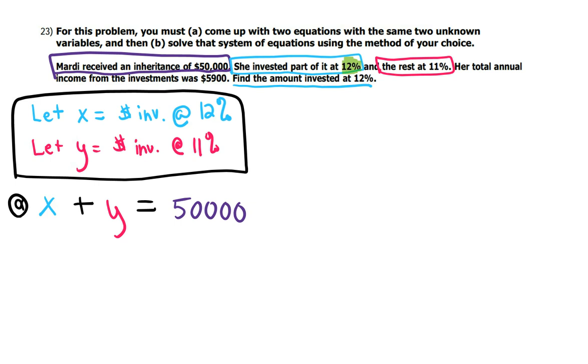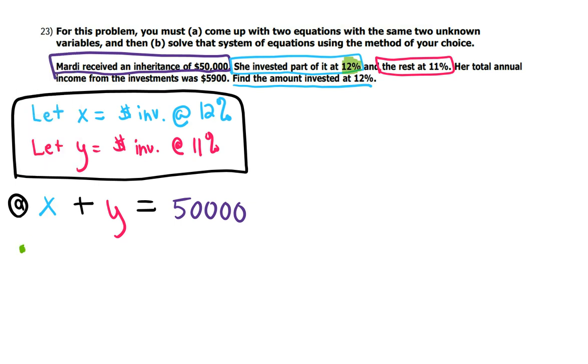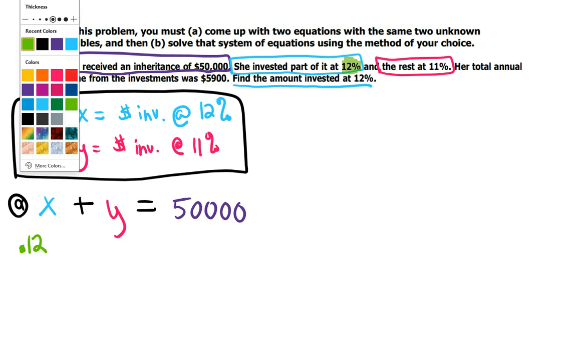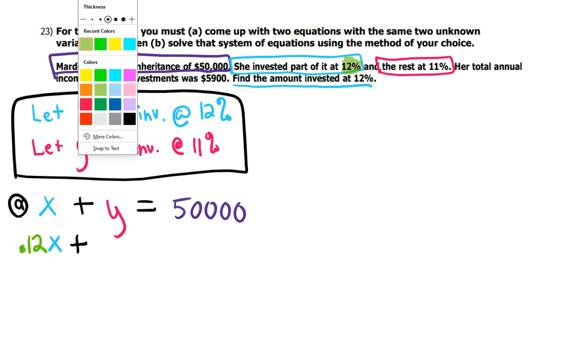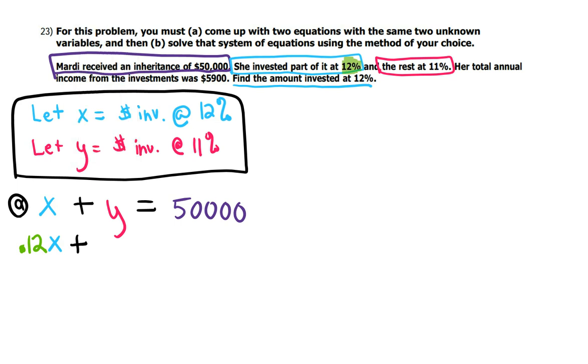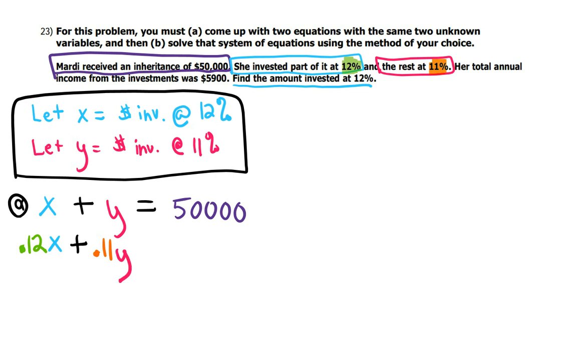So you just have to take green 0.12 and multiply it times your X, plus, and then for your Y, that's at 11%. That would be 0.11. Sorry, trying to do all these colors, times Y.